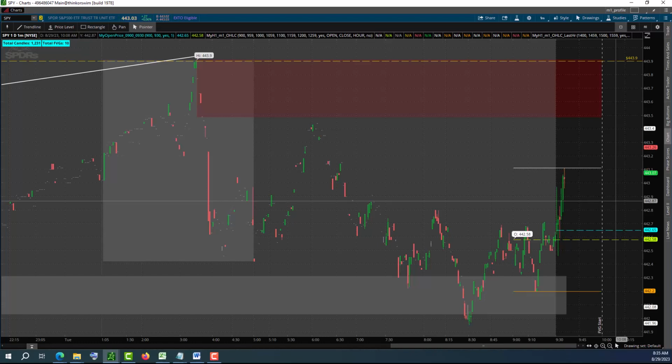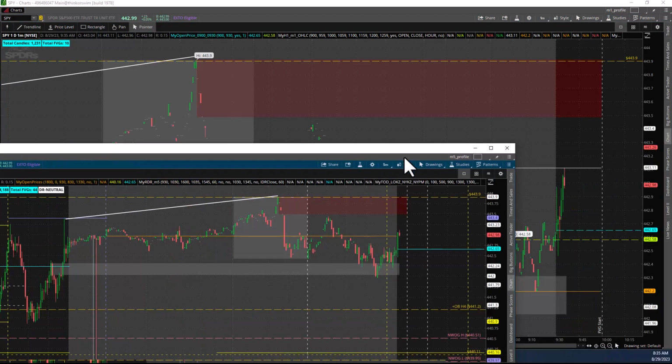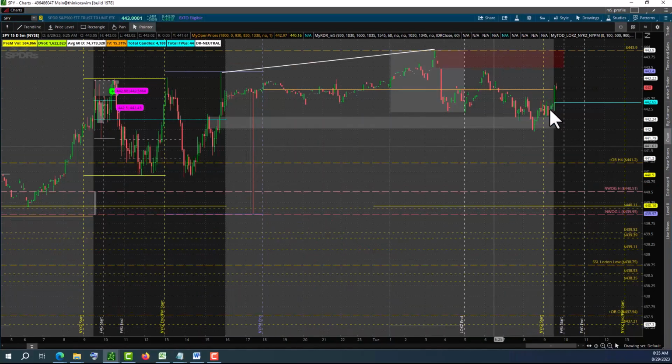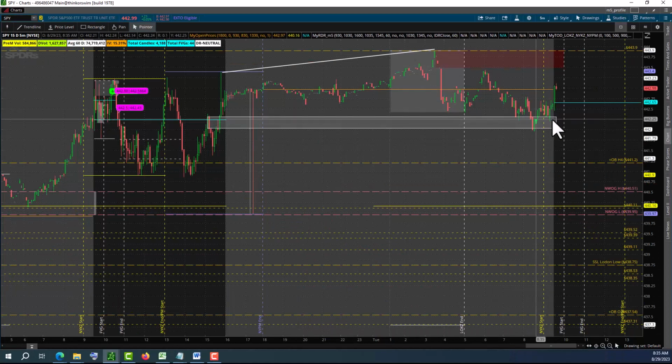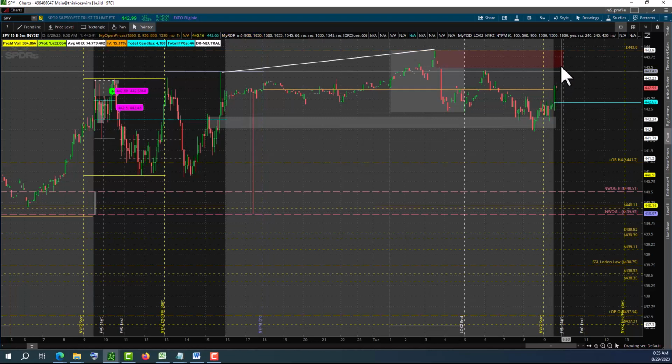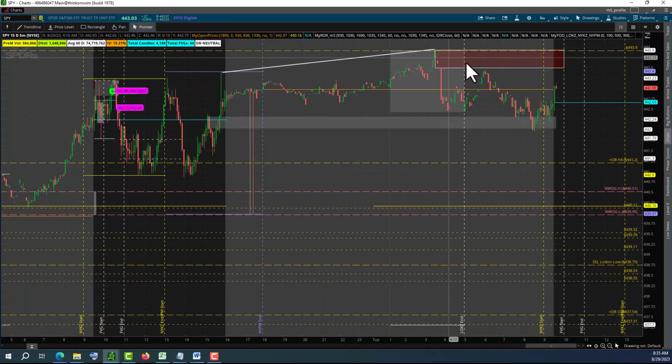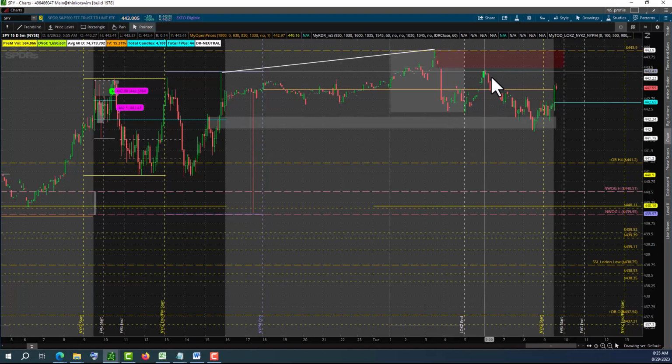So we're not going to engage anything right now because we see that both the long setup you can see right here, order block, fair value gap, retest, so it's played out right there, and also you see the short setup, order block, fair value gap, retest.